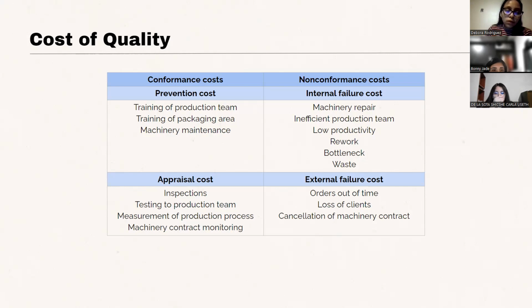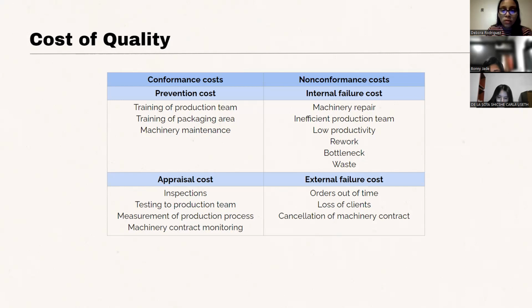The conformance cost has two types: prevention cost and appraisal cost. Prevention costs are the costs incurred to prevent an anticipated failure that may occur during the execution of the project, for example, training of the production and packaging area and machinery maintenance.